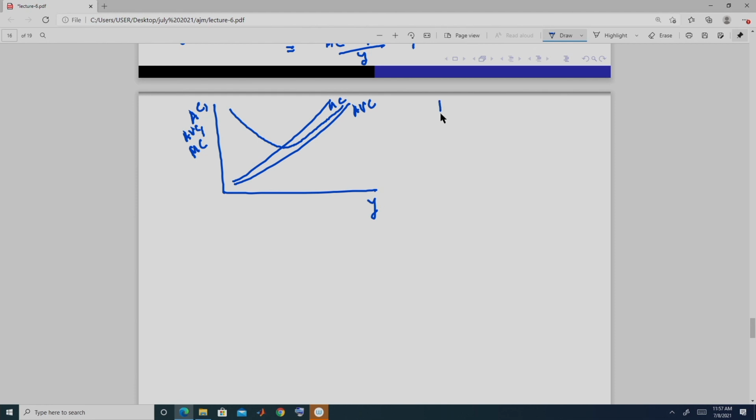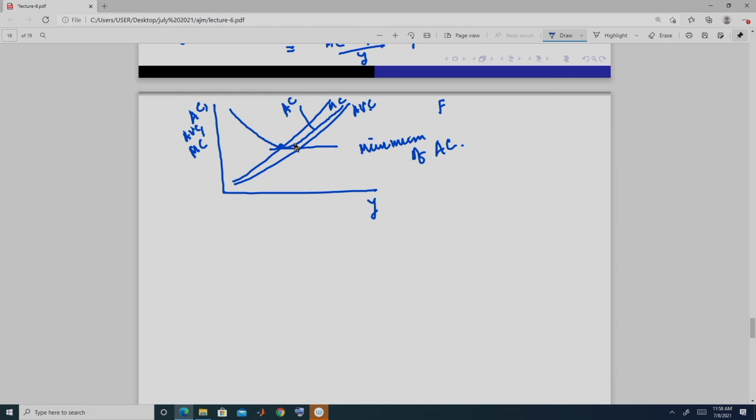If we have a fixed component, if average cost is not the same as average variable cost, then marginal cost will hit at the minimum of AC, because average variable cost is this, and then we will get a U-shaped curve, which is going to be the AC because of the fixed component part.